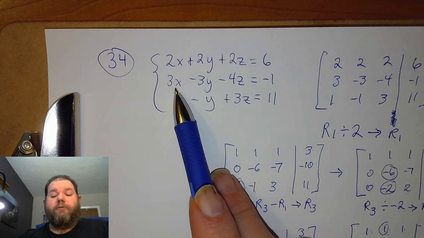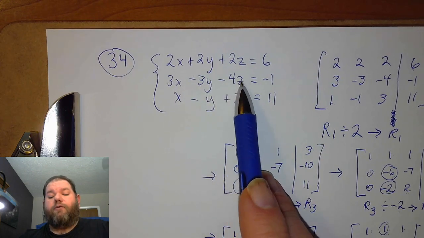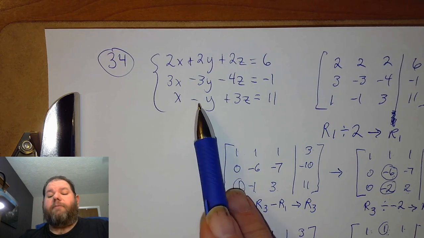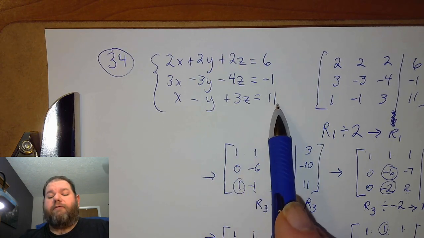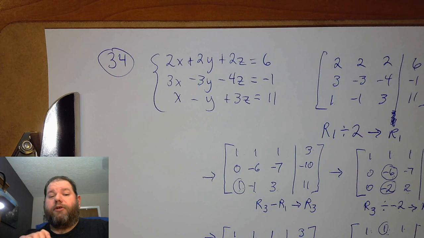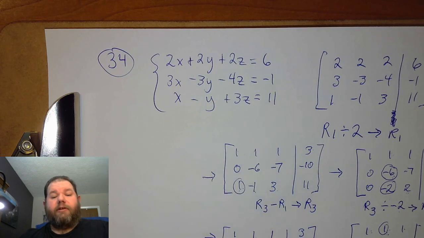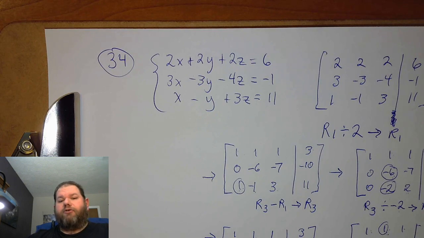And there's a lot of values where 3x minus 3y minus 4z is equal to negative 1. And a lot of values where x minus y plus 3z equals 11. But we want one combination of x, y, and z where all 3 are true simultaneously. And that's ultimately what we're trying to find in solving this system of equations.